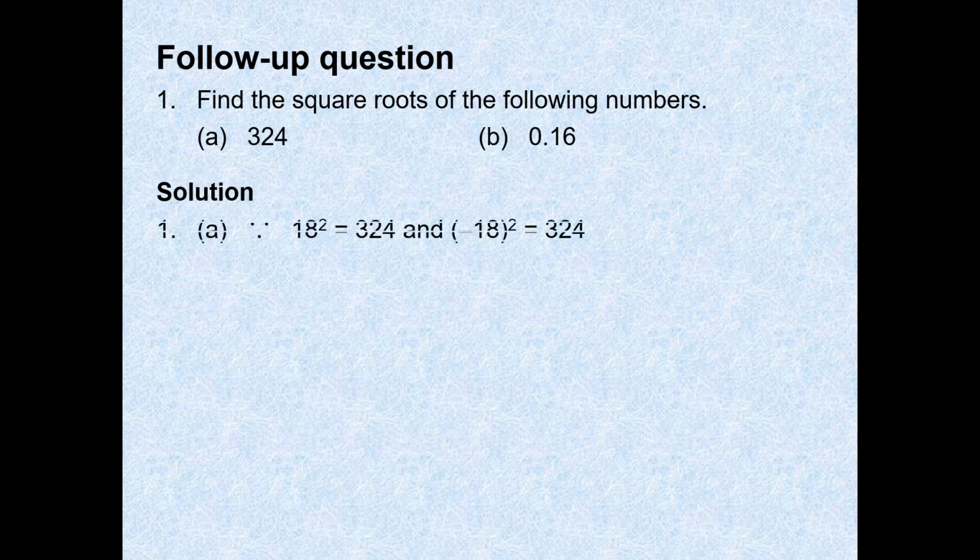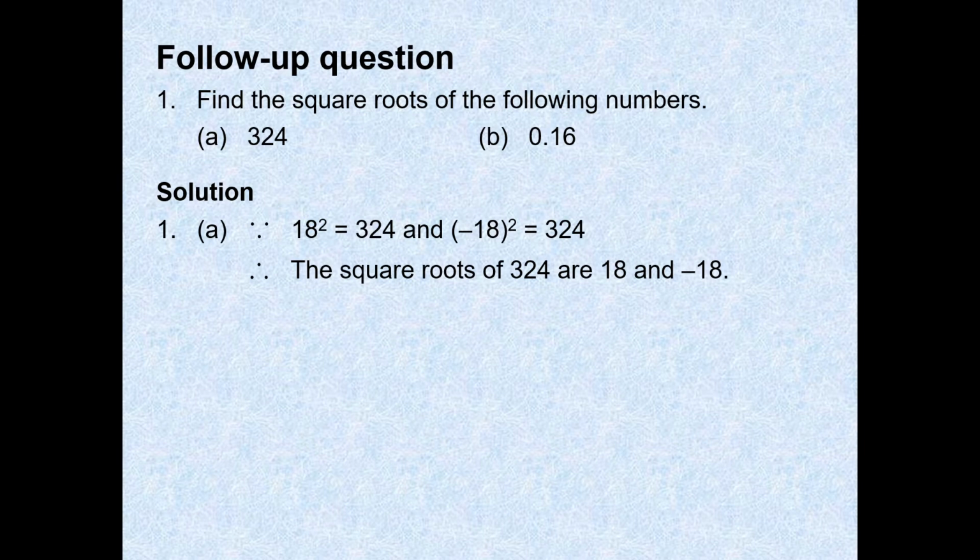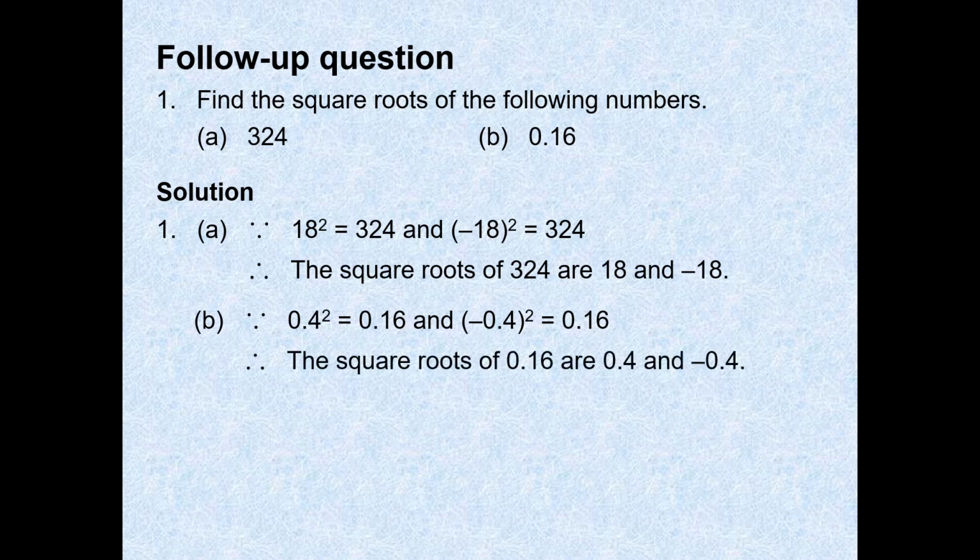For part A, because 18 square equals 324, and negative 18 bracket square also equals 324, so the square roots are 18 and negative 18. For part B, because 0.4 square equals 0.16, and negative 0.4 bracket square equals 0.16 as well, so the square roots are 0.4 and negative 0.4.